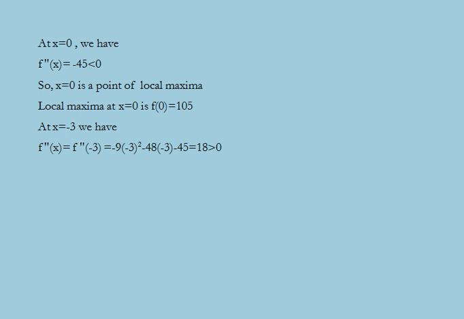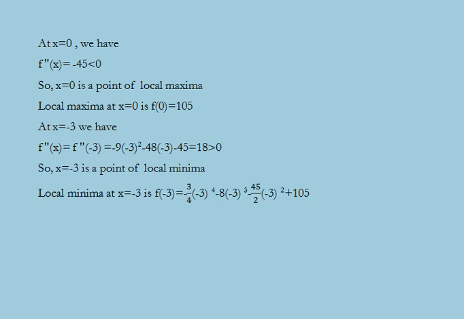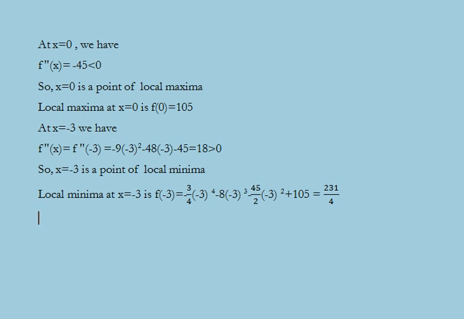Therefore we have a local minima at this point, and the value of local minima at x = -3 is obtained by substituting -3 in the given function. Thus we have f(-3) = -3/4 into (-3)^4 - 8 into (-3)^3 - 45/2 into (-3)^2 + 105, which is equal to 231/4.